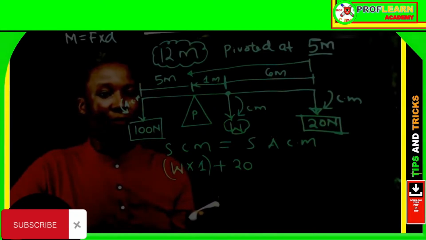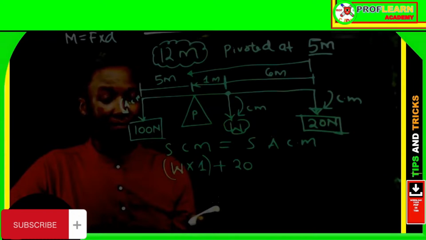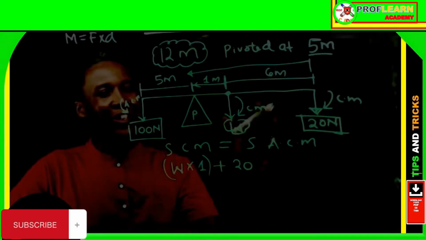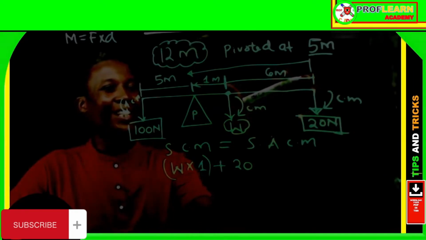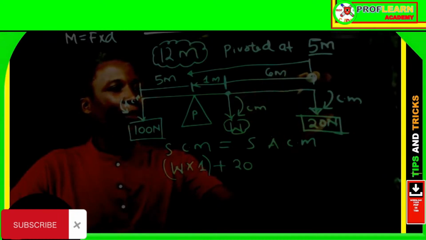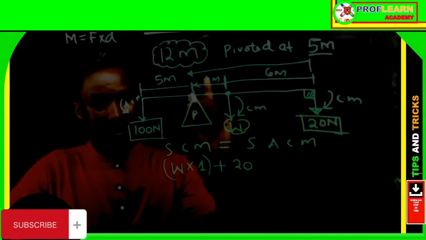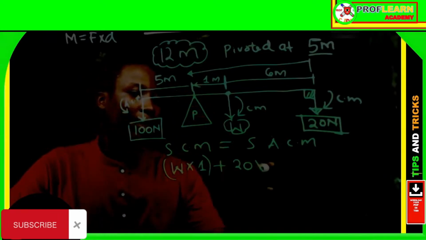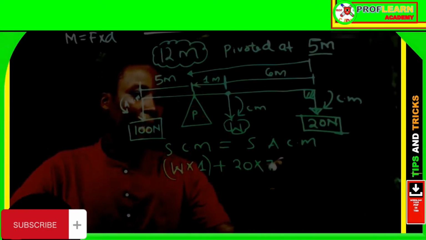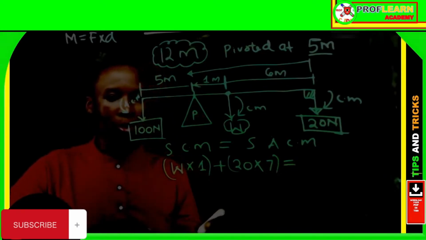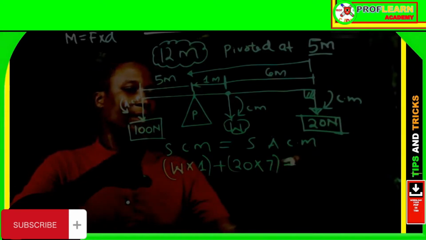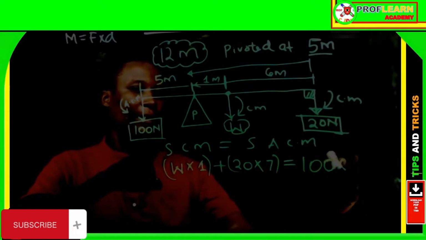It is 7 meters. Don't forget and use 6 meters here. The distance is from where the force is acting to where the pivot is. Don't forget that. And that's going to be times 7 should be equal to anti-clockwise moment, which is 100 times 5.